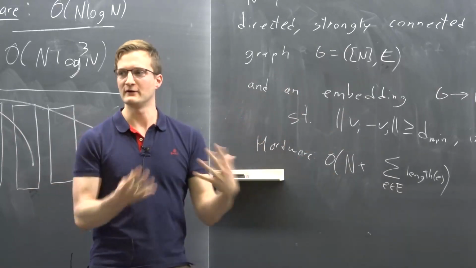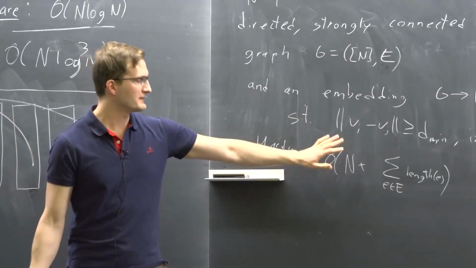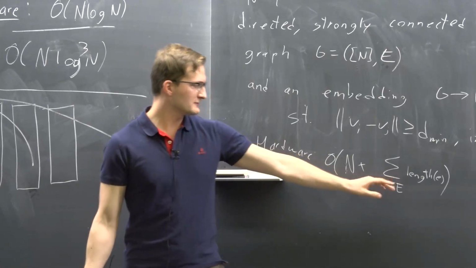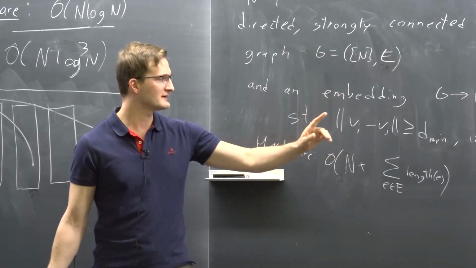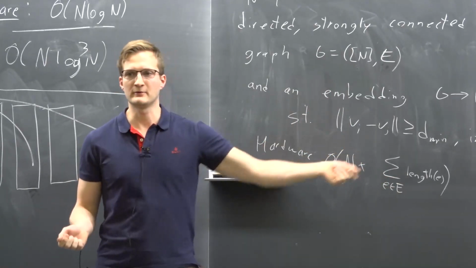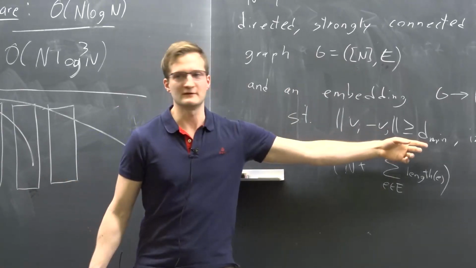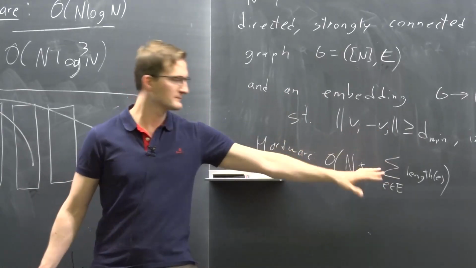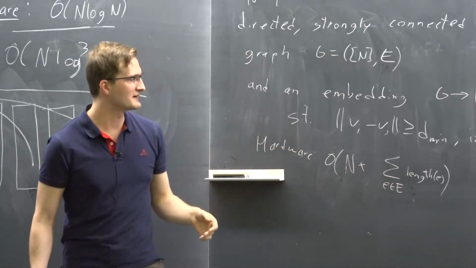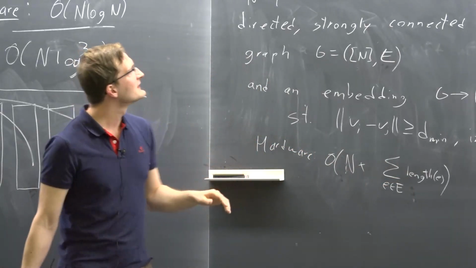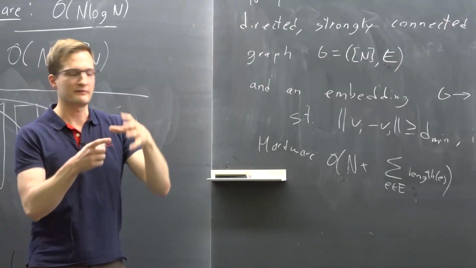That gives me all of the wires in the computer. And I add that to the number of processors. I can ignore this, because necessarily, I'm going to have at least one wire per processor. I have some sort of spanning tree, and the lengths are all at some minimum value. So this term is already omega of n, but just for completeness. And I'll assume that each of these machines has some constant amount of memory.